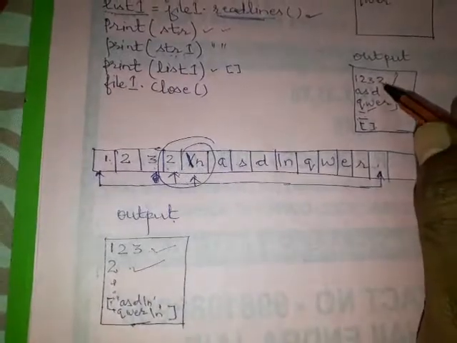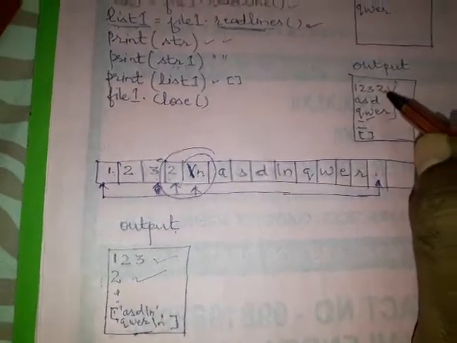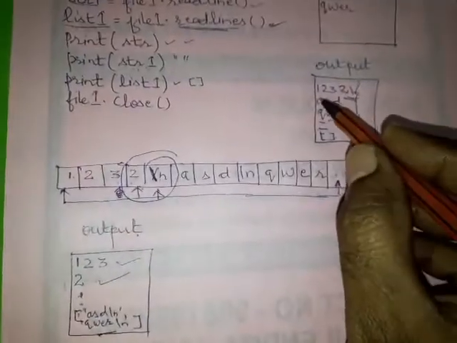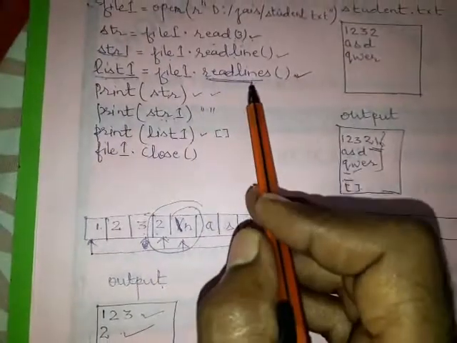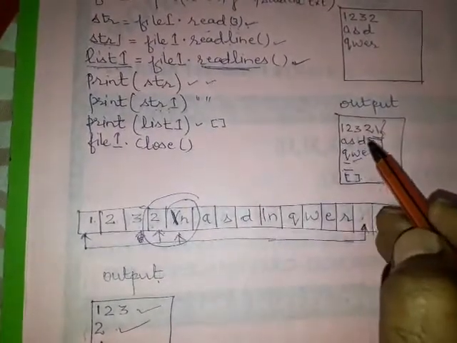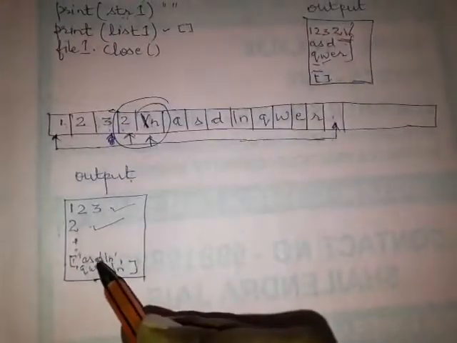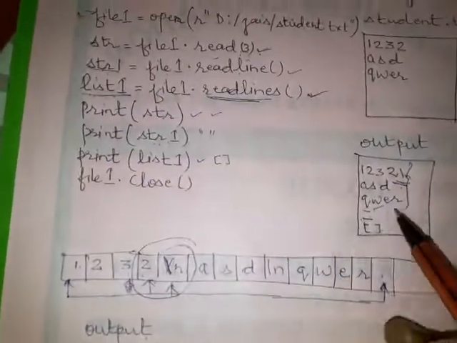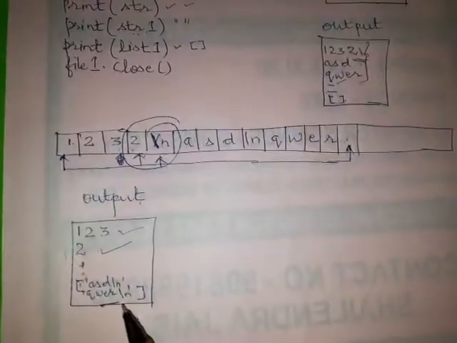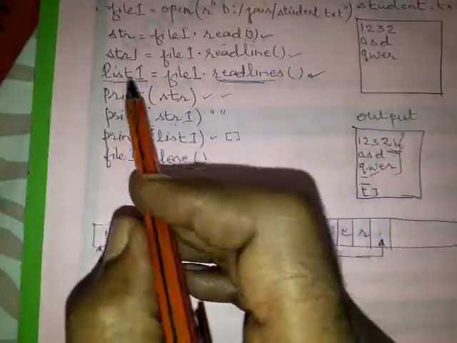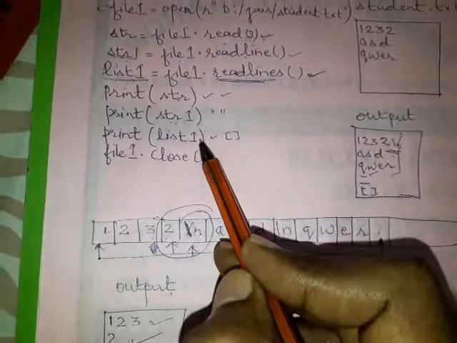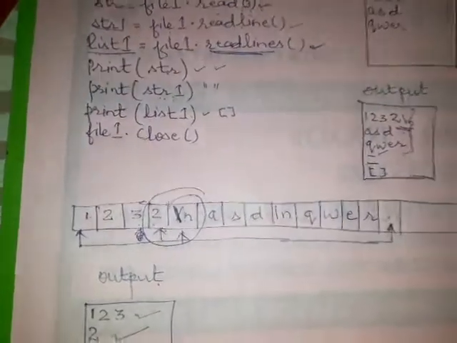Then read lines will read all the content of the file in the form of list, ASD \n in the first element of the list, then QWER \n in the second element of the list, and it will be returned to list 1, and this list 1 will be printed at the last in the form of list.